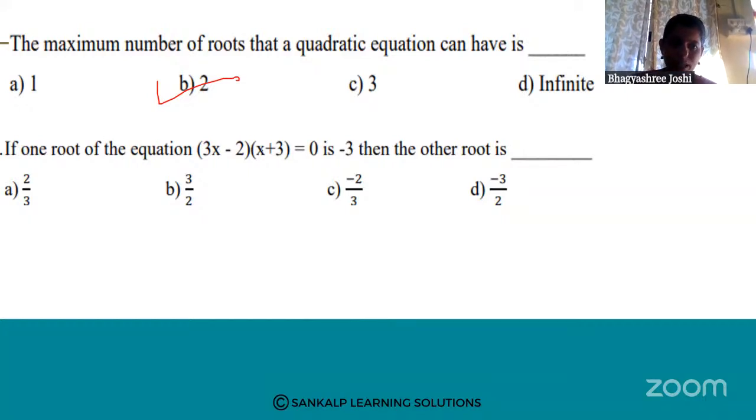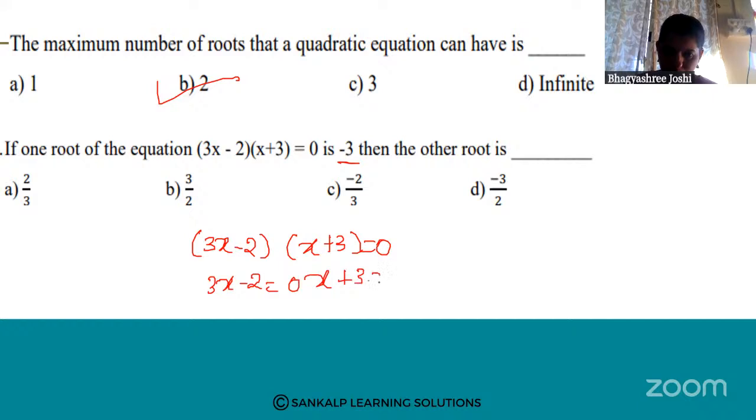If one root of the equation 3x minus 2 and x plus 3 equal to 0 is minus 3, then they have asked for the other root. So 3x minus 2 equal to 0, x plus 3 equal to 0.